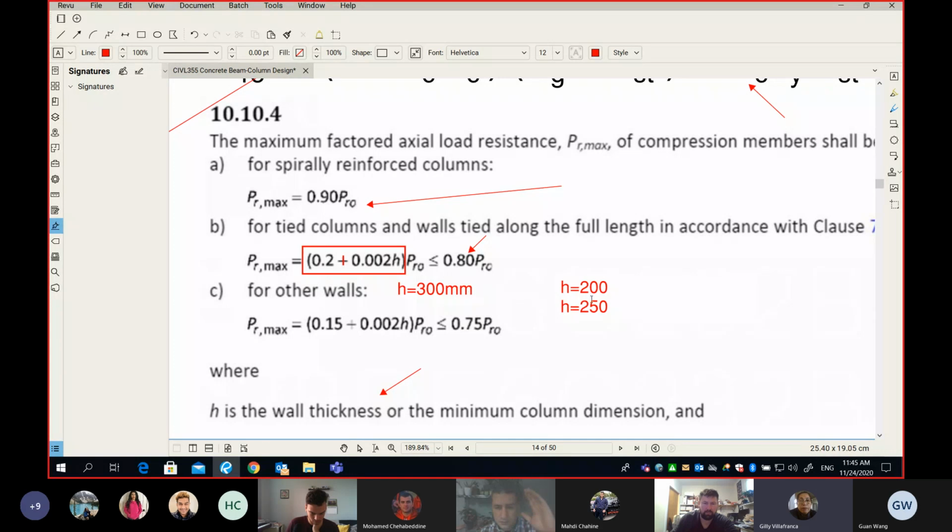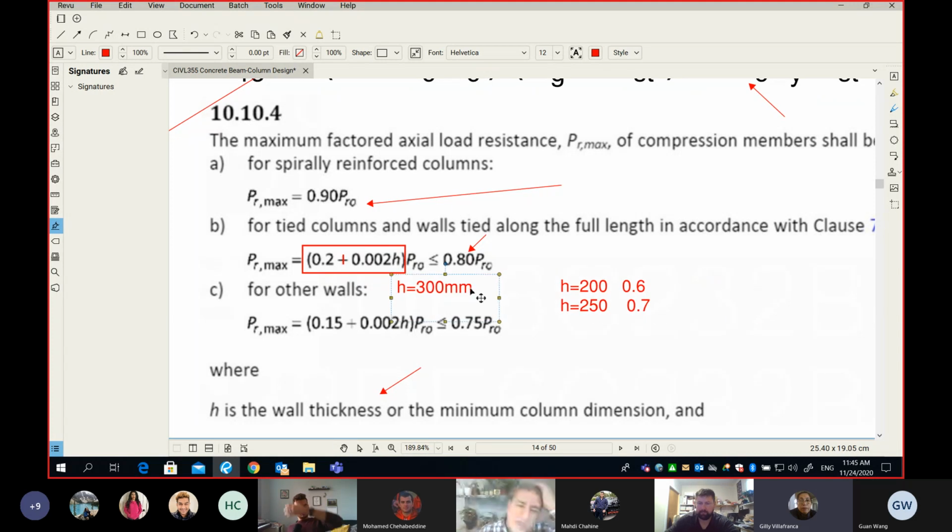You got 0.4 for 200. Did you add the 0.2? Hold on. Yeah, that's 0.6. And then for 250? 0.7. Yeah, it is 0.7.